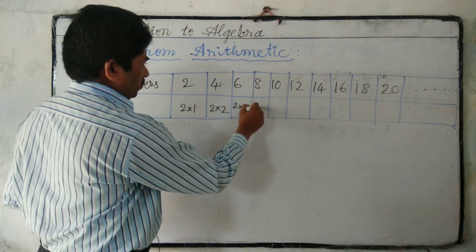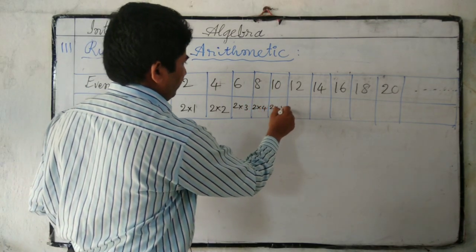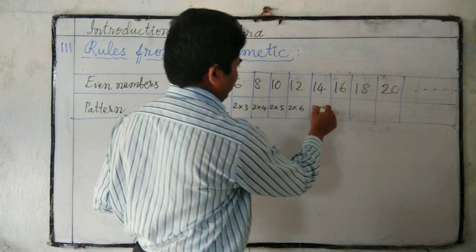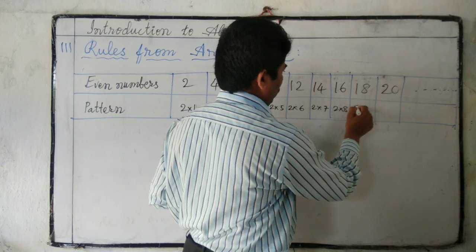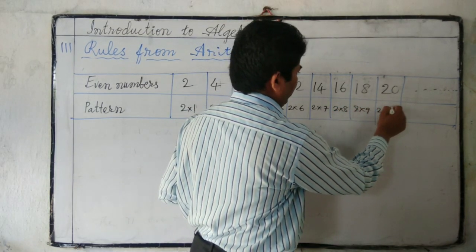Two threes are 6, two fours are 8, two fives are 10, two sixes are 12, two sevens are 14, two eights are 16, two nines are 18, two tens are 20.